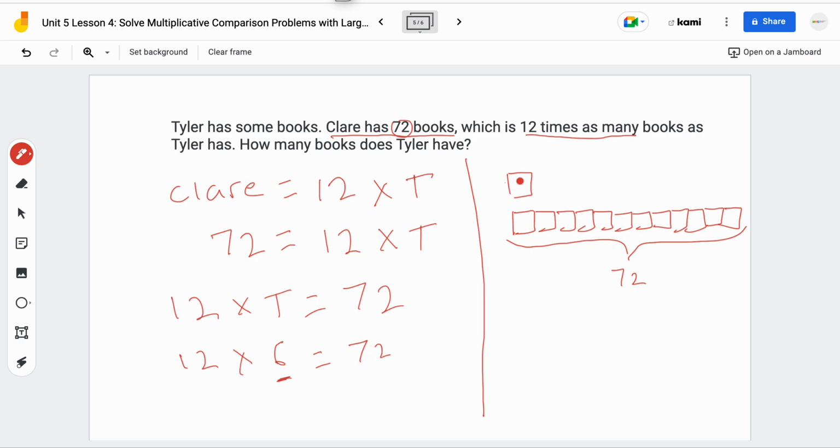Therefore, I can say that Tyler, this is Tyler. Tyler actually has 6 books. And Claire, well, she has 12 times as many. Okay, so how many books does Tyler have? We said it. Tyler has 6 books. Okay?